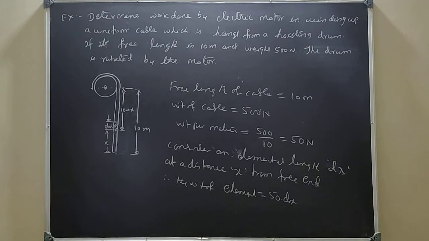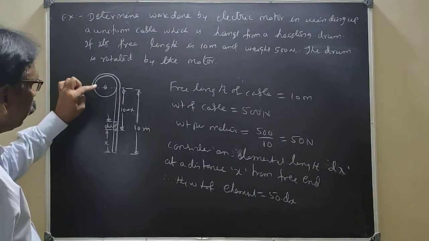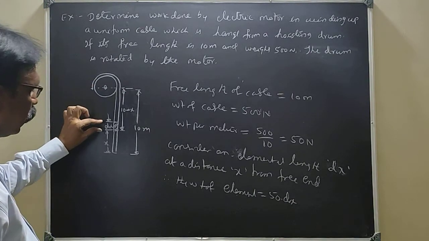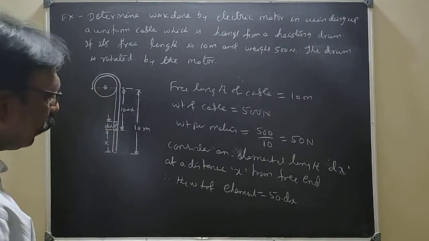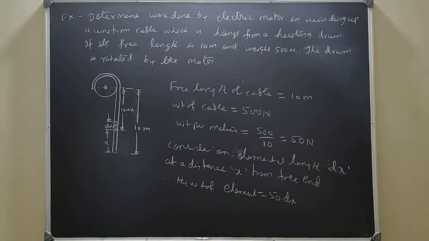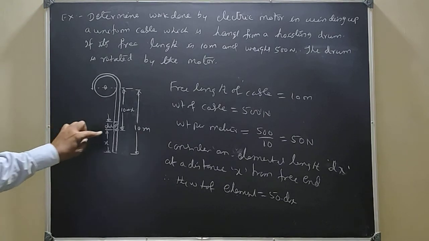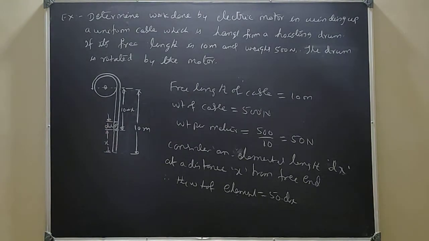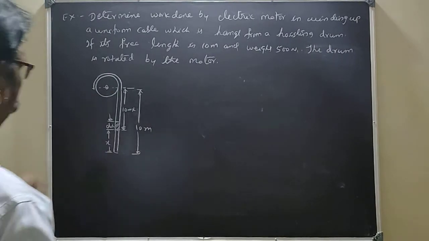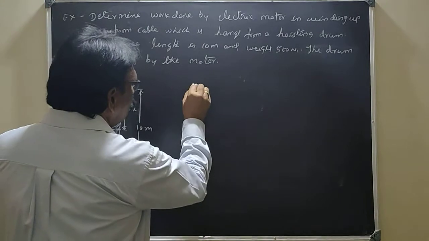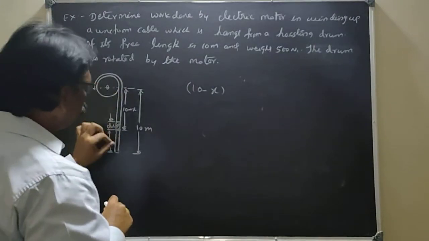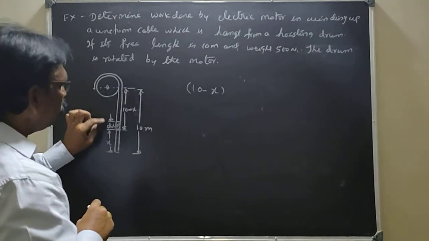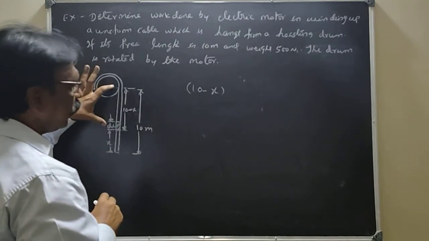Now this motor has to do a certain work lifting this element to a distance of 10 minus x. Total length is 10 meters, and the element is at a distance x from the free end, so this is the length to which it is to be raised.